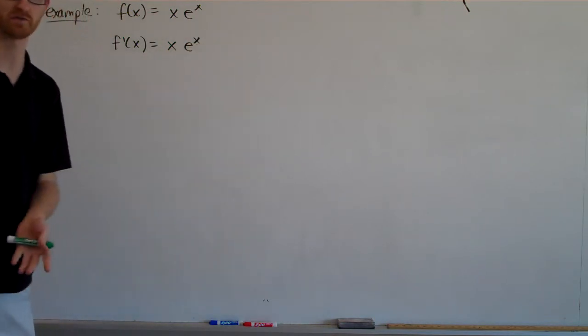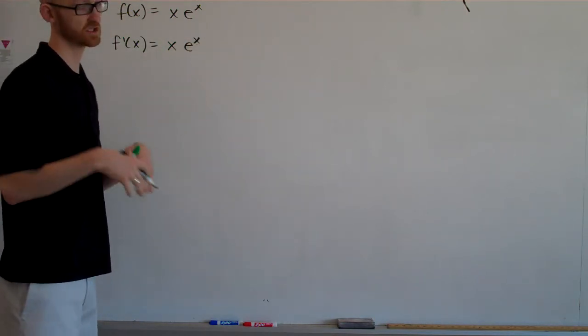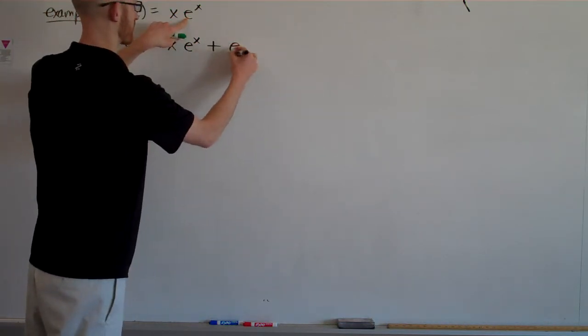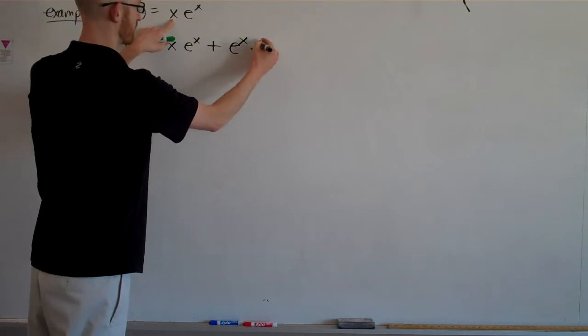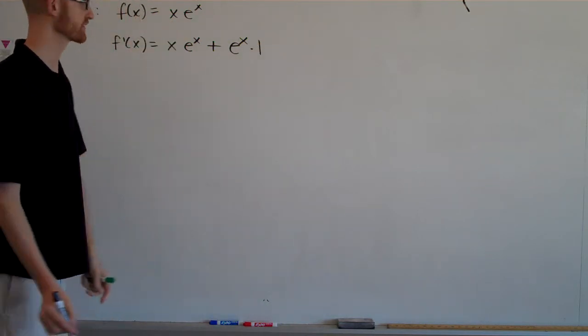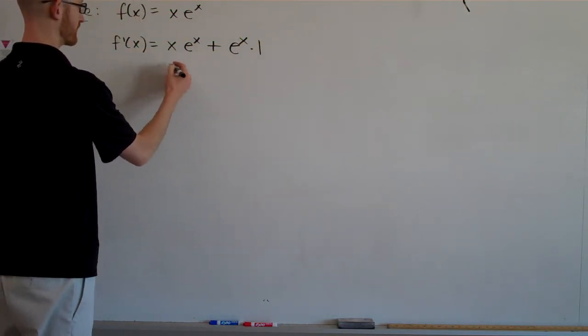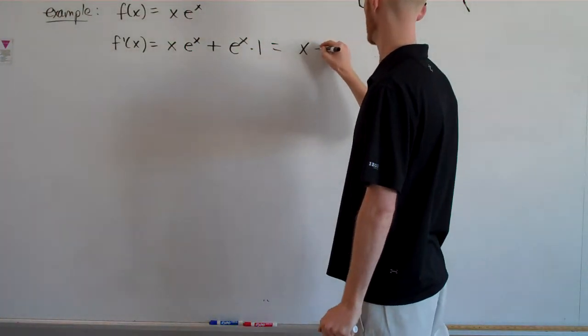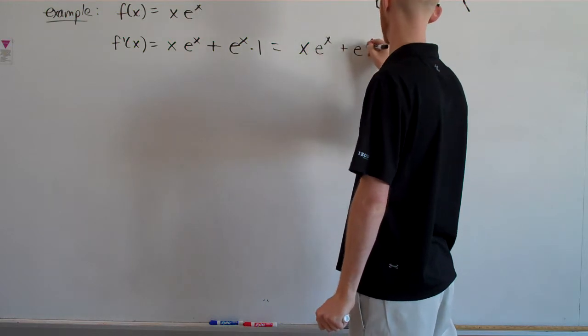And remember the special fact about e, we defined it in such a way that it was its own derivative, plus second thing times the derivative of the first. And the derivative of x is simply 1. So this derivative is equal to x e to the x plus e to the x.